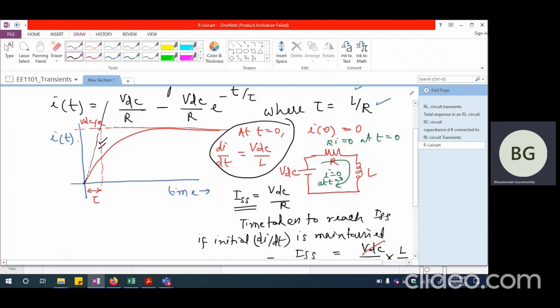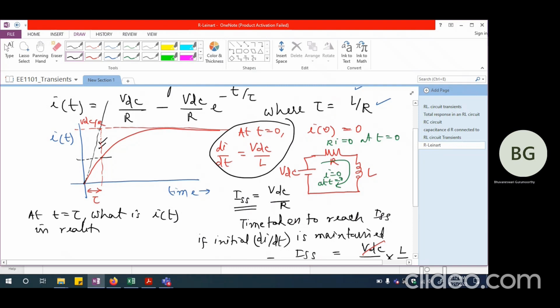Now, in actuality, how much is the current value at time equal to time constant? So what I'm trying to say is at t equal to tau, what is I of t in reality? That's what we are trying to find out.